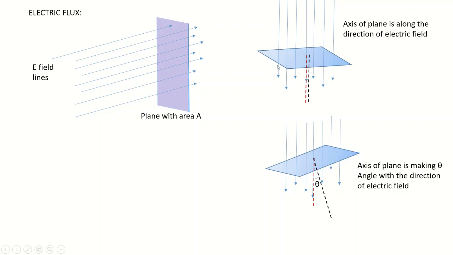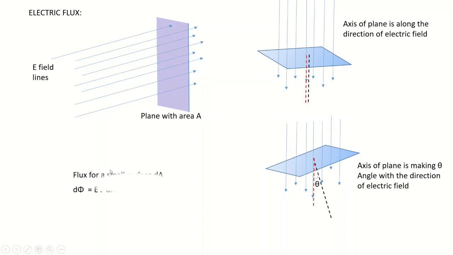So when the axis of the plane and the electric field are in the same direction, the maximum number of lines passes, which is the measure of electric flux. And when the plane makes an angle theta, then a lesser number of lines passes. So we have to consider the component which is along the direction of the electric field.